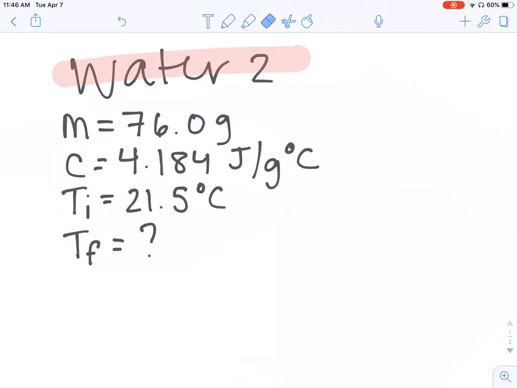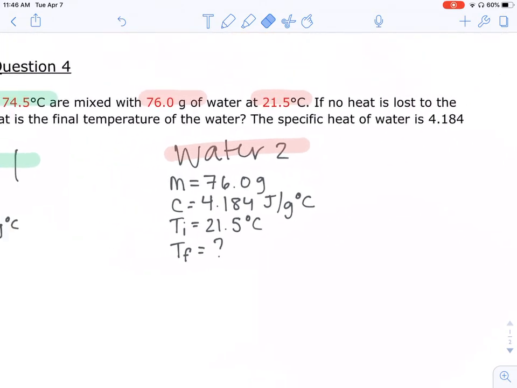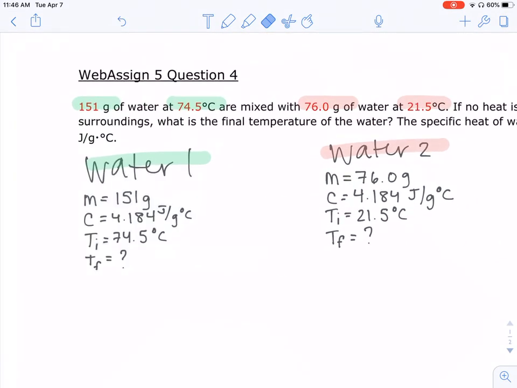And remember, in this problem, because the heat is going to flow from the hotter to the cooler substance, and the heat will continue to flow until thermal equilibrium is reached, these two TFs are the exact same value. So we're going to solve for a single final temperature at the end of the problem.